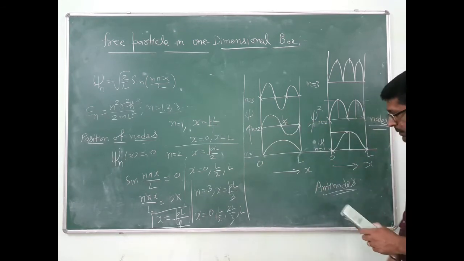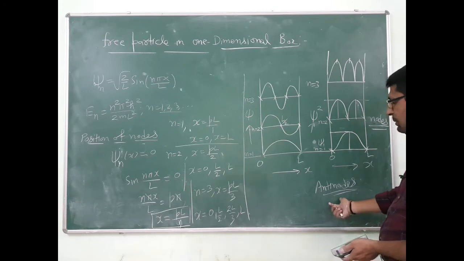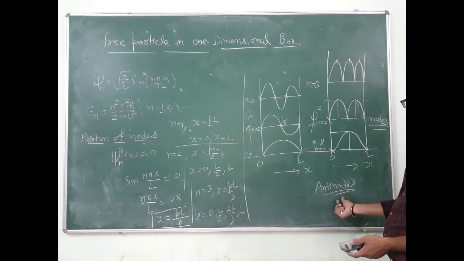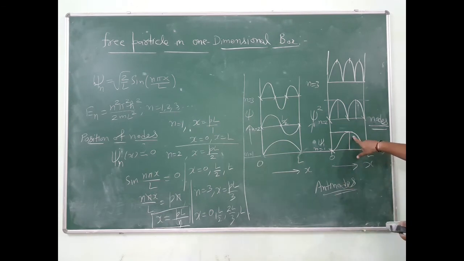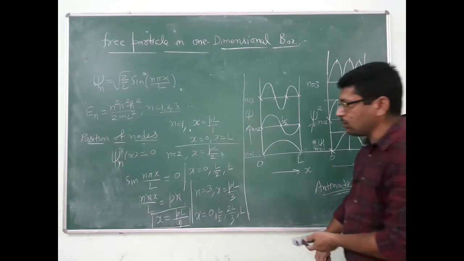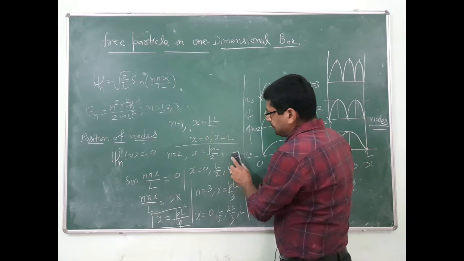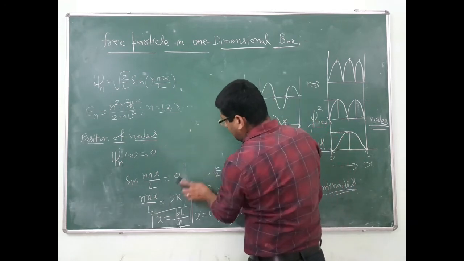Similarly, we can also calculate the position of antinodes. What are the antinodes positions? These are the positions at which the probability of finding the particle will become maximum. So how can we calculate this?